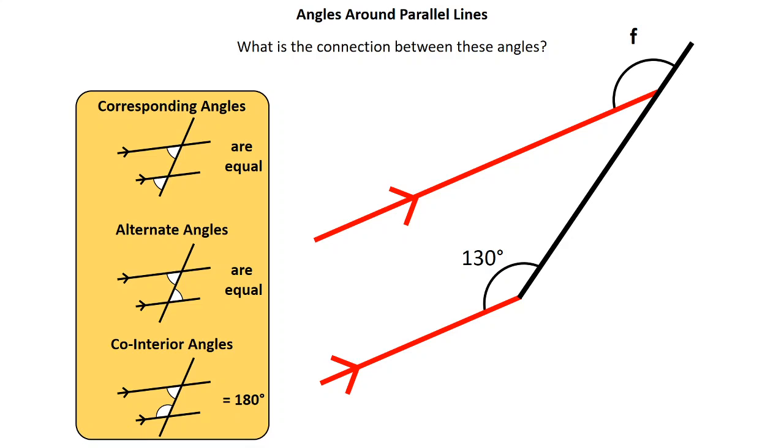Okay, which one are these? 5, 4, 3, 2, 1. Corresponding, so if you think about having these red lines extended, it would look a bit like this diagram here, just upside down. So they're on the corresponding side of the transversal line, so F would also be 130 degrees.